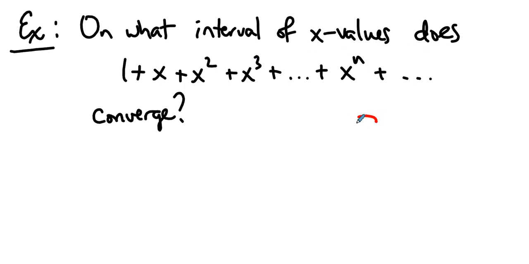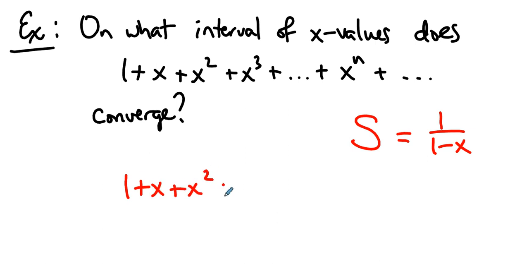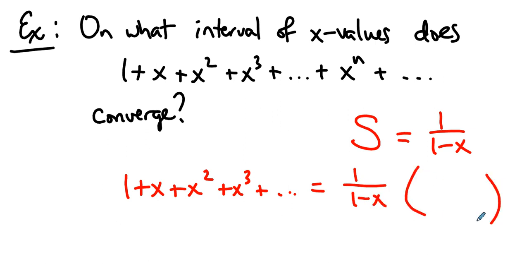So the sum of the series is the first term divided by 1 minus r, right? So 1 plus x plus x squared plus x cubed plus dot dot dot is 1 over 1 minus x on the interval of convergence. But what is that interval of convergence?